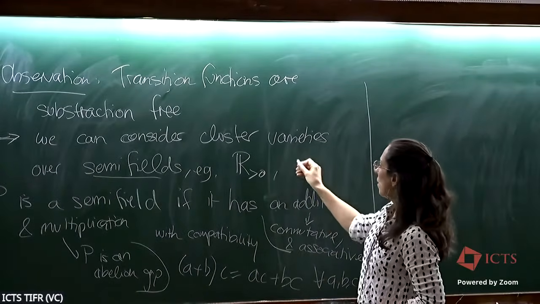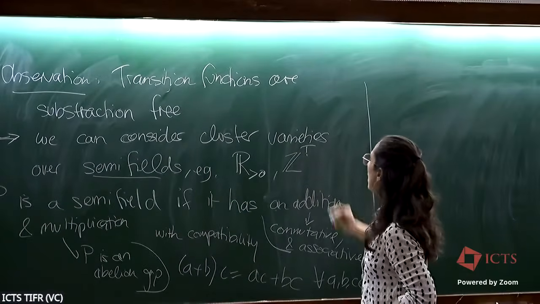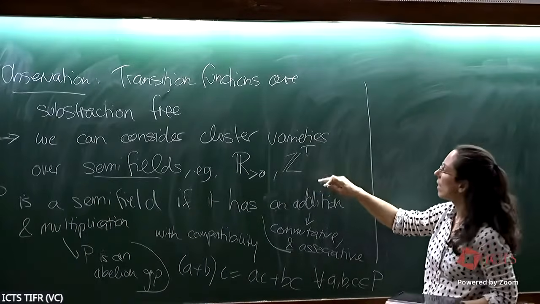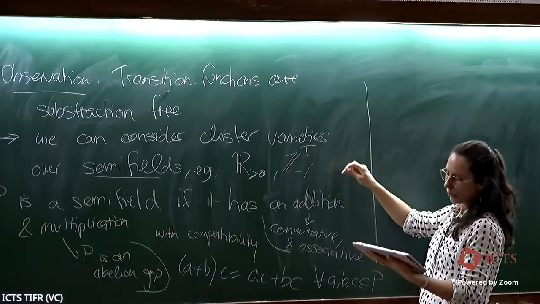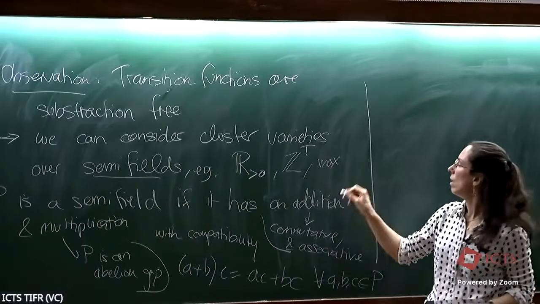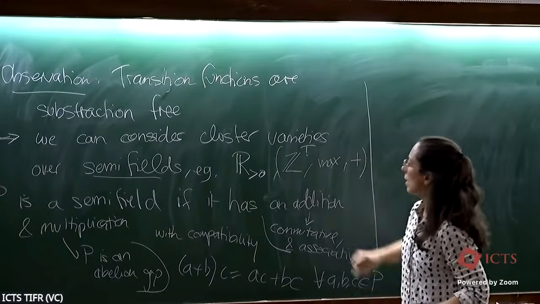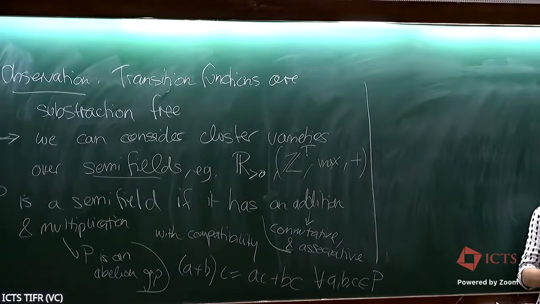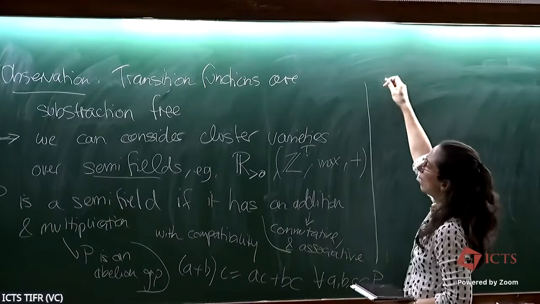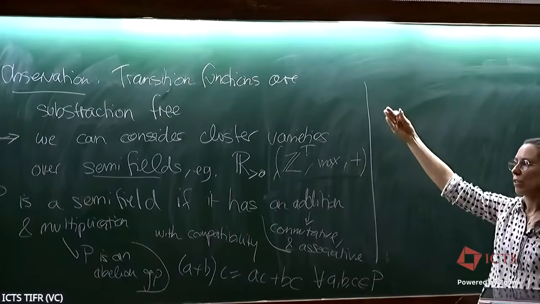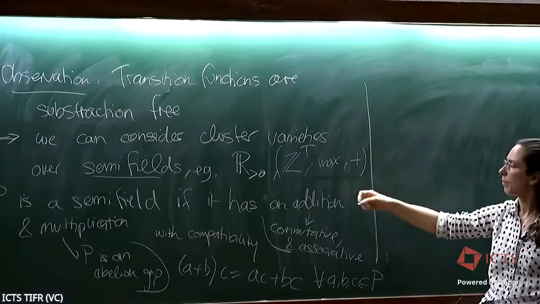But then there's other interesting semifields, like the integer tropical semifield or the tropical semifield. In this, we consider the operation of taking the maximum as addition and the sum as multiplication. And this also satisfies the axioms of a semifield. And this is the semifield that leads us to the tropicalization of cluster varieties.